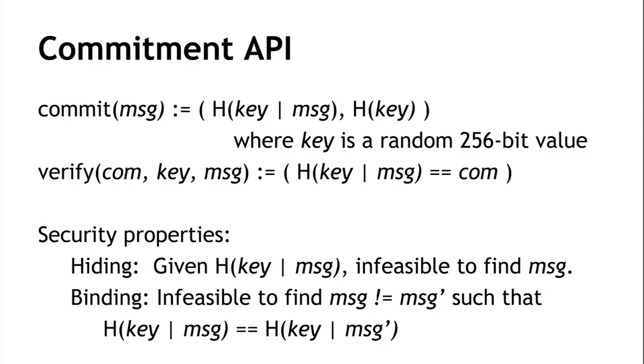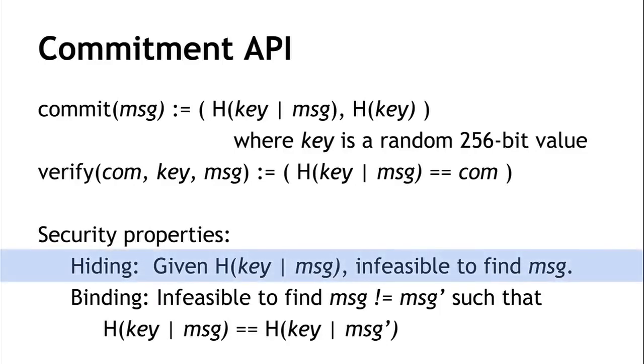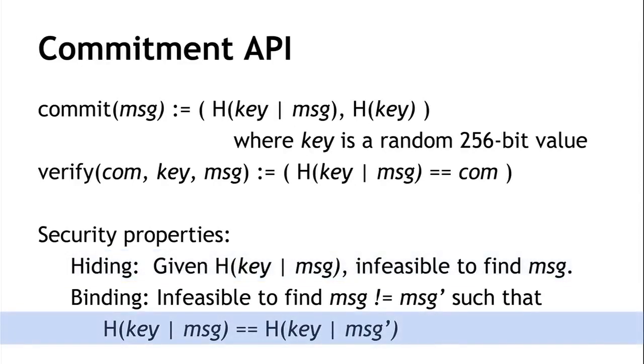So now the security properties, if we go down to the security properties that were at the bottom of the previous slide, and we just plug in the definitions of how we're going to implement this here, this used to say, given COM, infeasible to find message, we just plug in what COM is. COM is the hash of key concatenated with message. And similarly down here, this is what happens when we take what was written there before and plug in the definition of verify and COM.